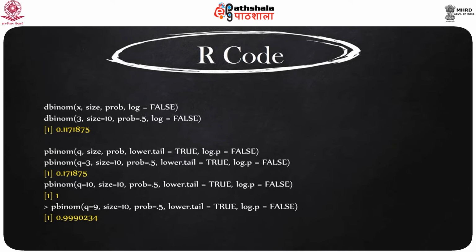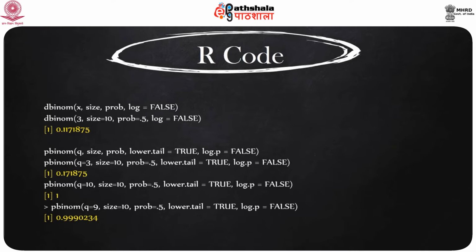At first we are considering the d binom function. The arguments that have been specified are x at first, then the size, then the probability, and finally whether the log density will be considered or not. Remember, this argument is false by default. We had seen this earlier as well, so nothing to worry.